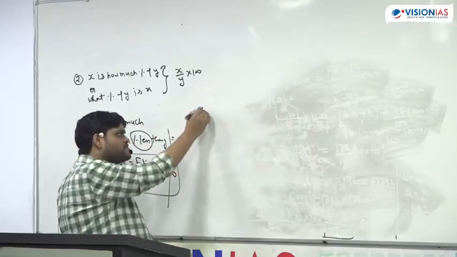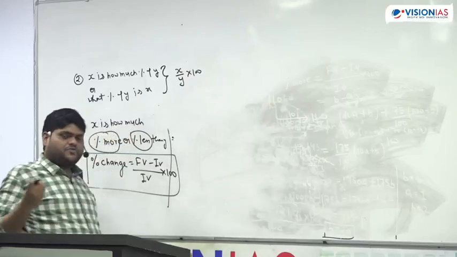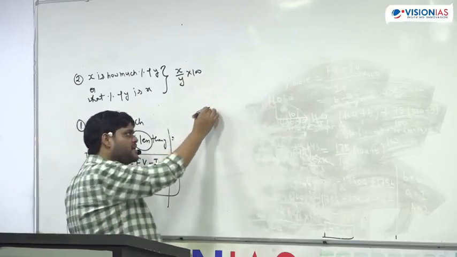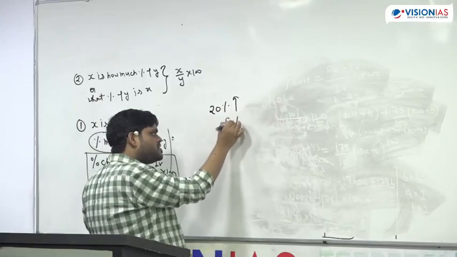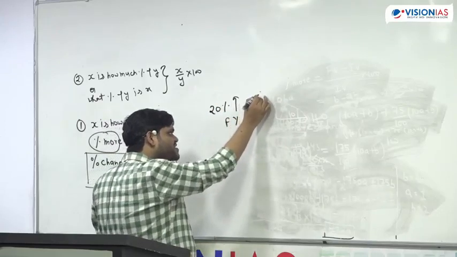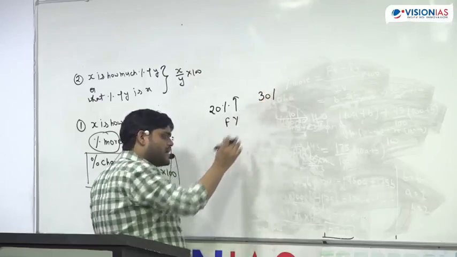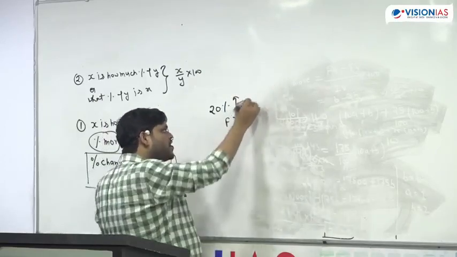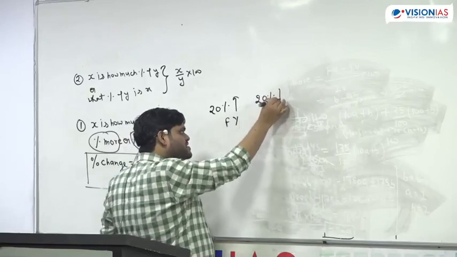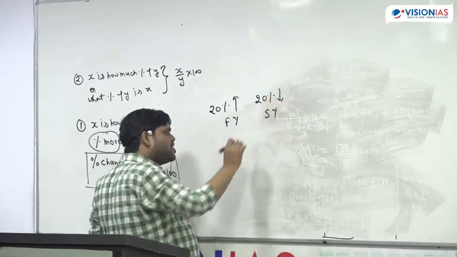Now suppose I am saying the population of a country is increased by 20% the first year and decreased by 20% the second year. What happened?